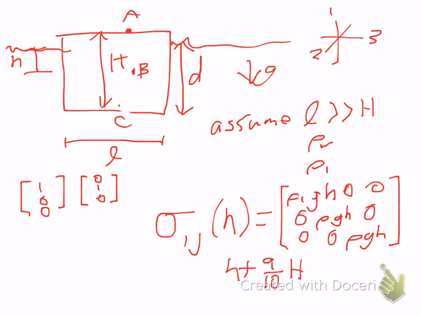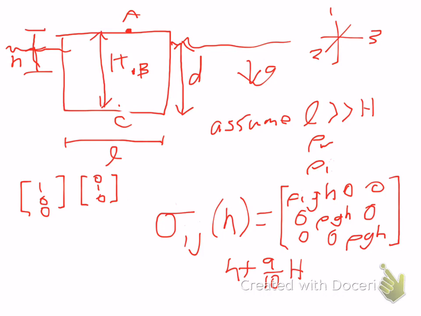H plus might be simpler, because right now you've defined this as the water surface, but we're looking at H up there. You defined the coordinate system, but you didn't put an origin in.